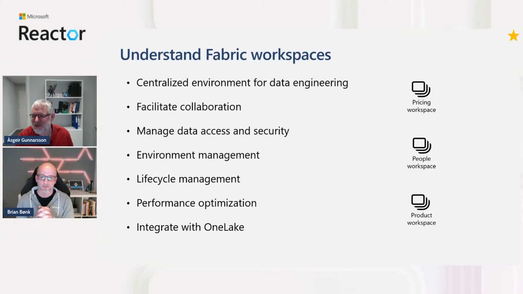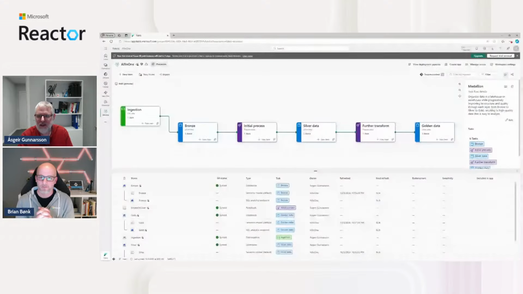Yes. So let me go and share my screen here. Tell me when you can see it. There it is. So I have just a workspace in Fabric here, and I just want to show you a couple of things about workspaces, how they work and what they are. So first of all, you will have all your items down in the bottom part here.